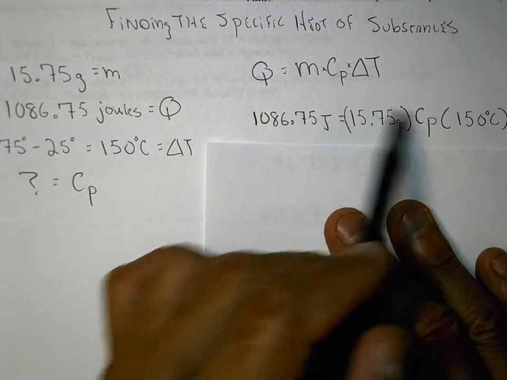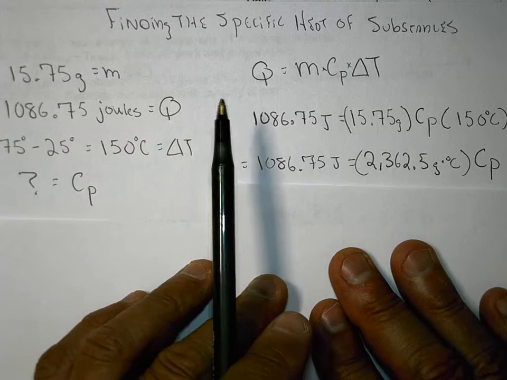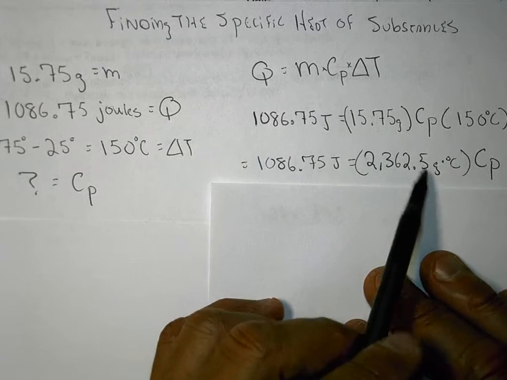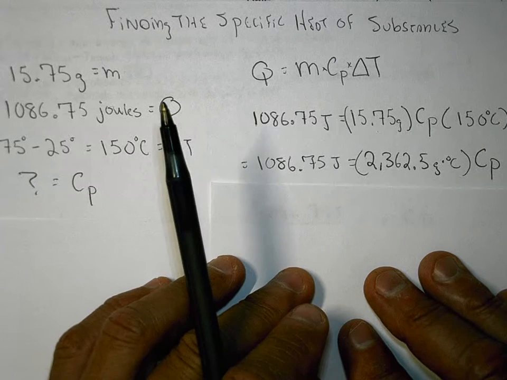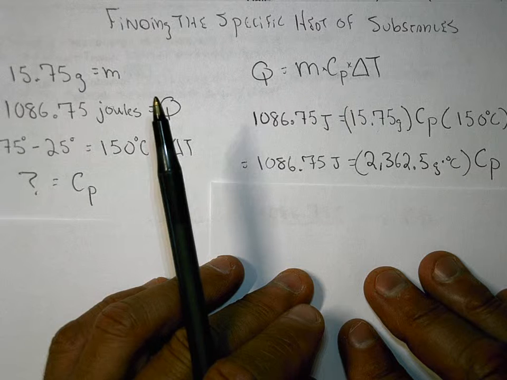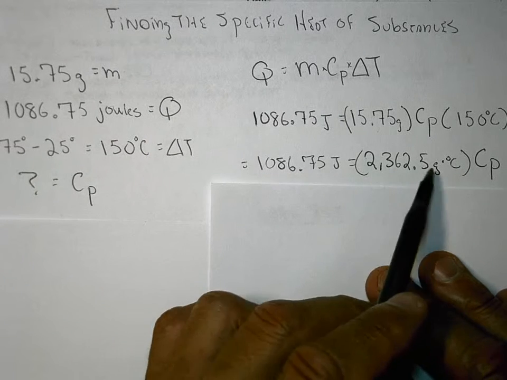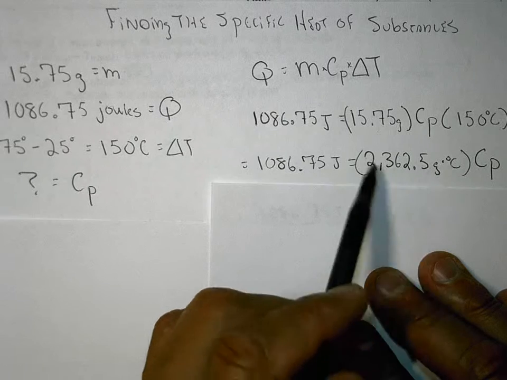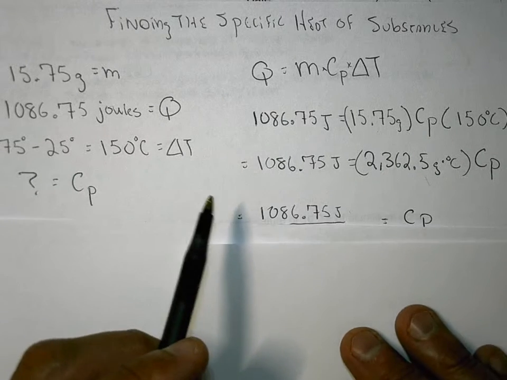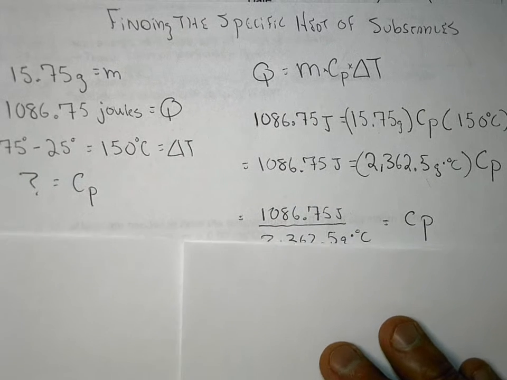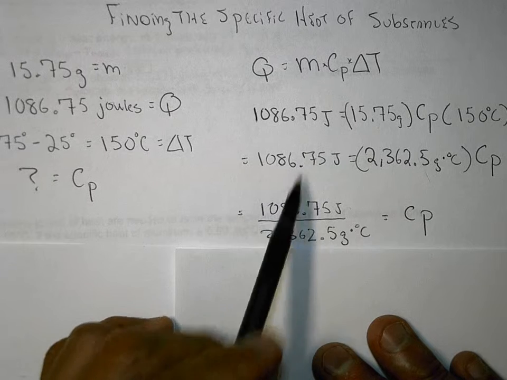We multiply these two numbers and put the Cp behind it. This is what we come up with. Feel free to pause the video and restart it. Now you have to divide both sides by this number. If you divide this side, this cancels out, so that turns into Cp equals this number divided by that number.